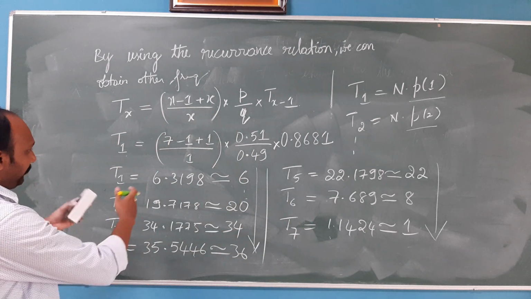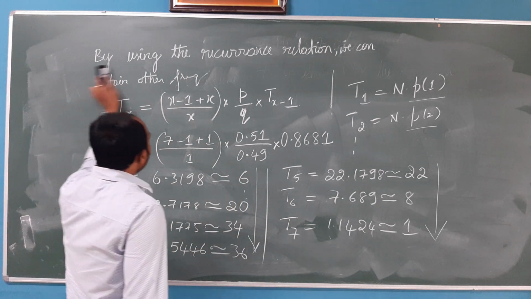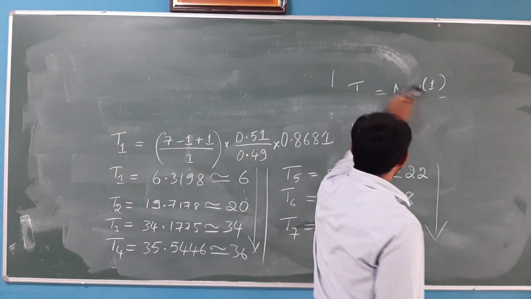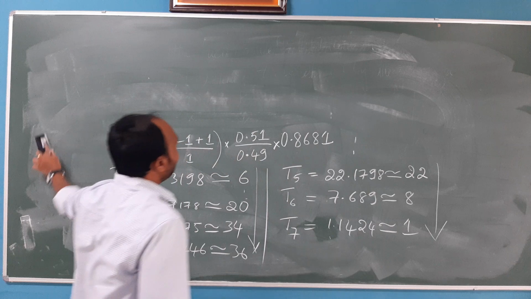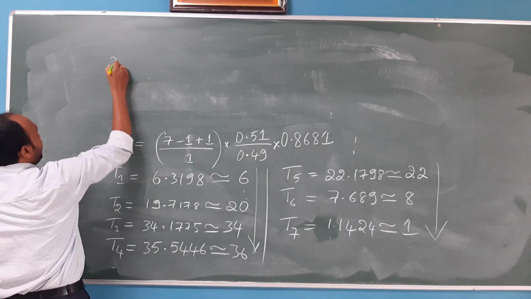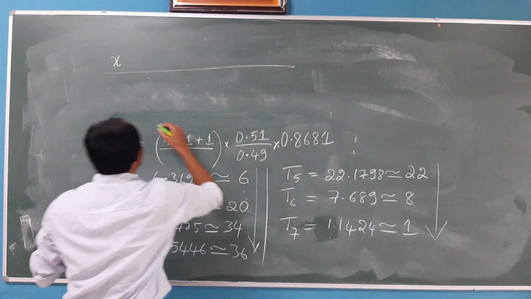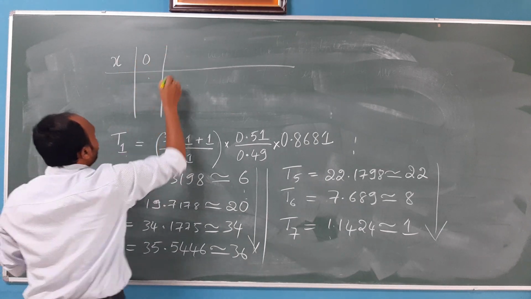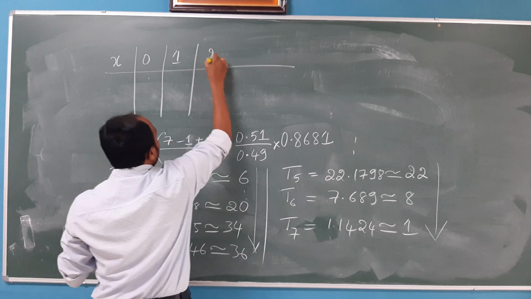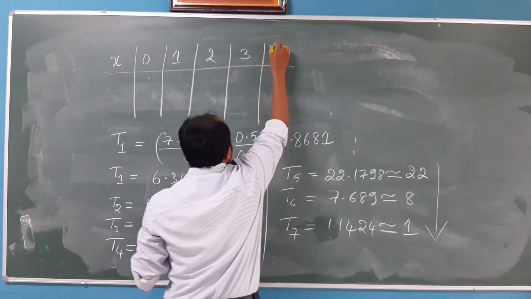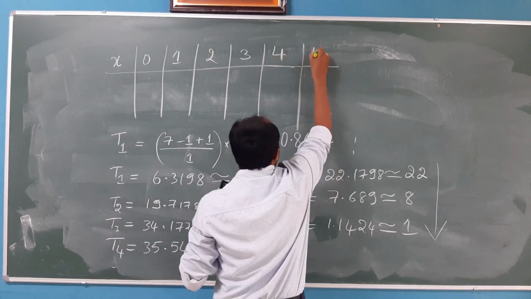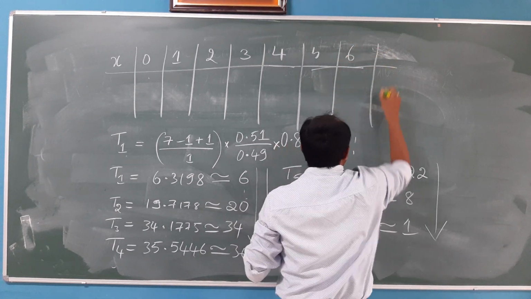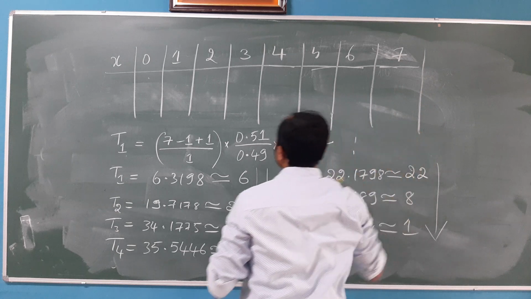Okay. After finding all the frequencies, you need to plot once again a table describing the observed frequency as well as the theoretical frequency. Let me do that. So x, that is the random variable, takes the values 0, 1, 2, 3, 4, 5, followed by 6, and the last one is 7.